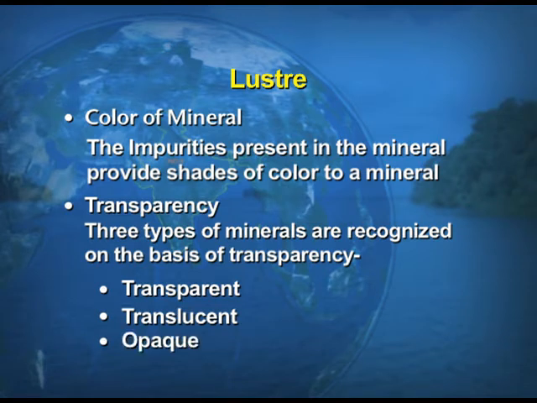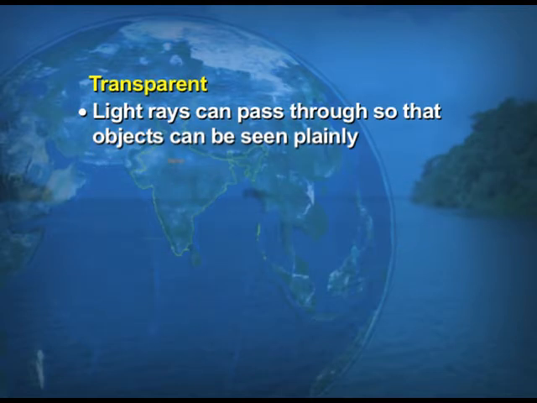Number 3, opaque. The only difference between the transparent and the translucent is that under the transparent, the objects can be seen plainly because the light passes through it.